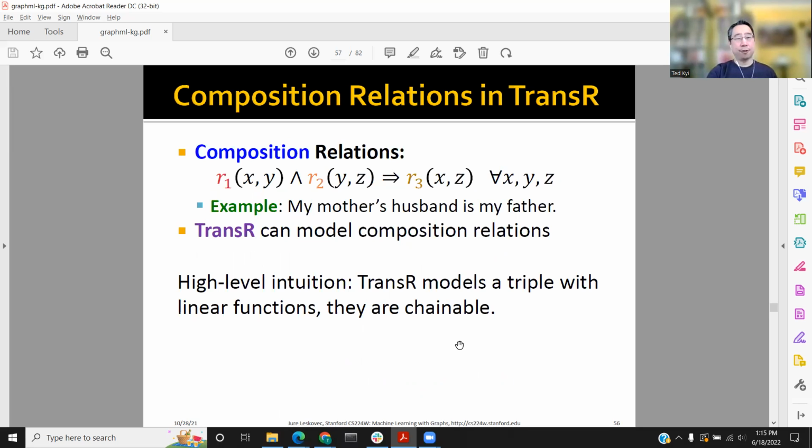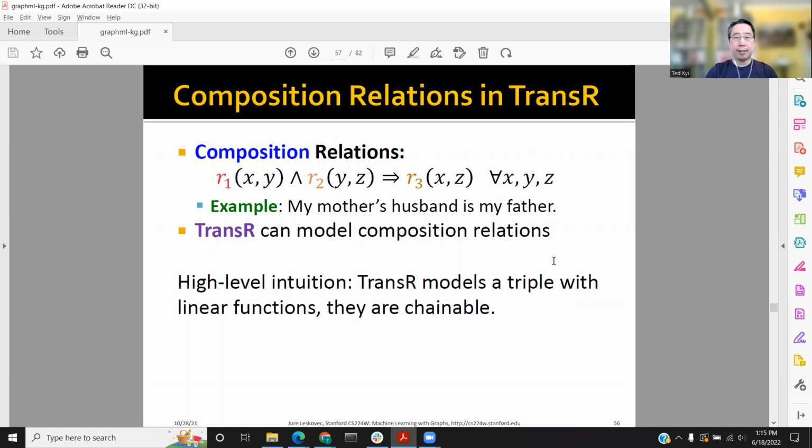And this is an interesting thing. Composition gets tougher. This was the one where you say my mother's husband is my father. This did work in TransE, but now there's the possibility that the mother space, the husband space, and the father space are different, and that they don't work.